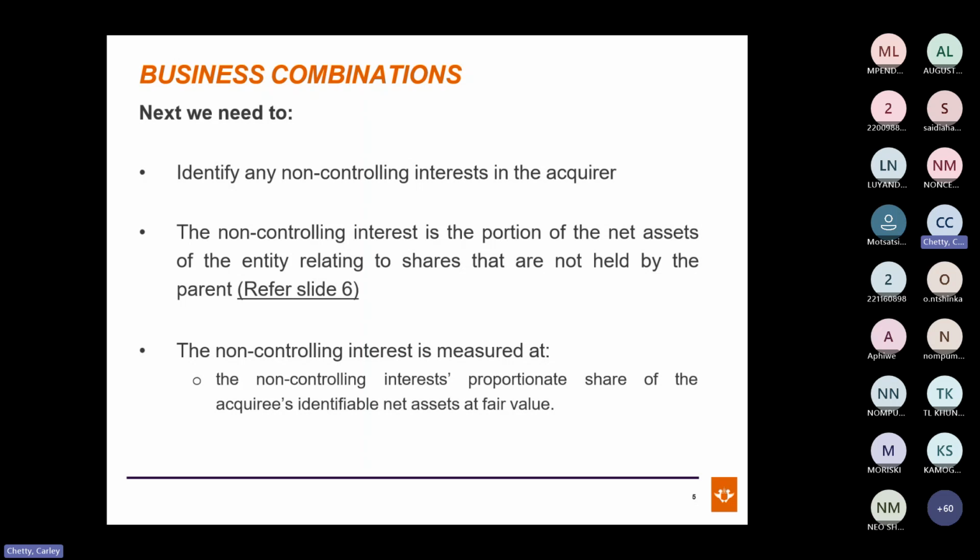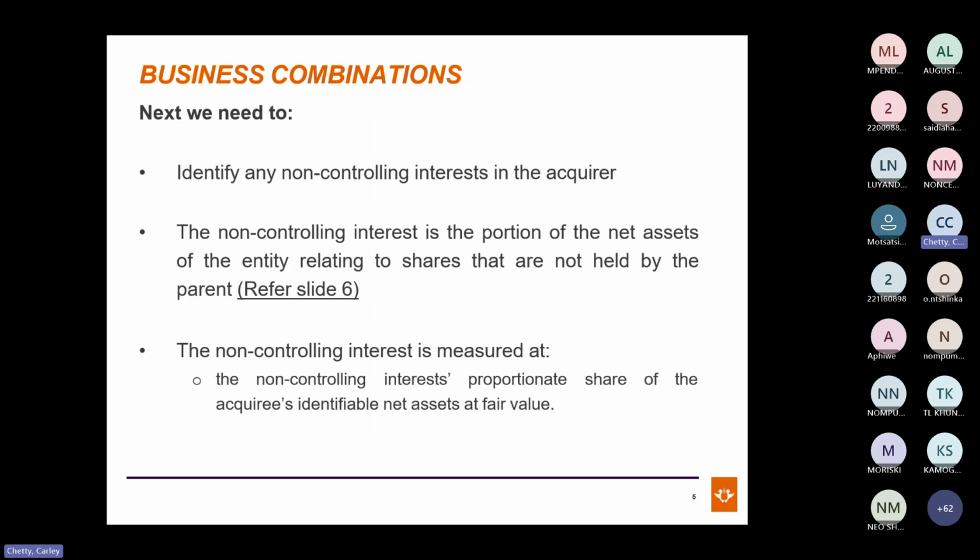The next thing we need to do is identify any non-controlling interest in the acquiree. So what is the shareholding that the parent company owns? And then we need to identify what is the portion that the non-controlling interest owns. The non-controlling interest is the portion of the net assets of the entity relating to shares that are not held by the parent. Okay. So the parent will own a number of shares, usually like it could be 60% or it could be 80%.